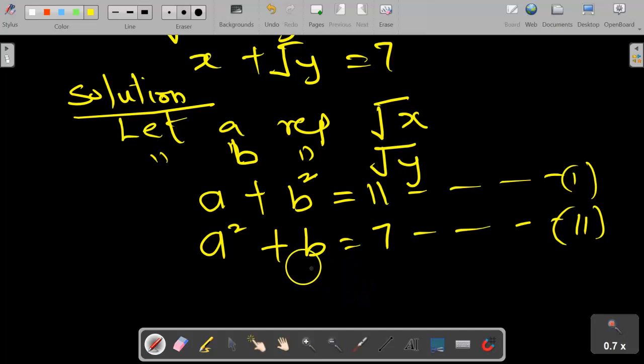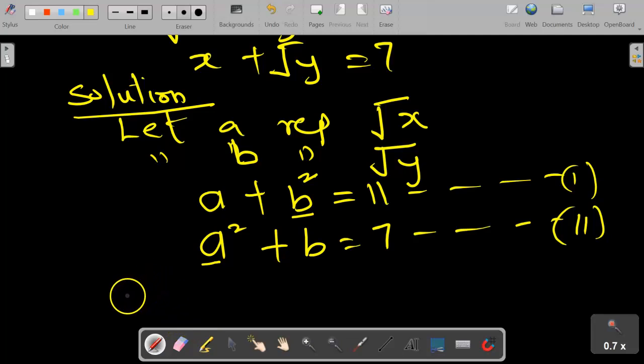Now, I can see a squared here and I have b squared. If I subtract equation 2 from equation 1, I'm going to arrive at a difference of 2 squares.